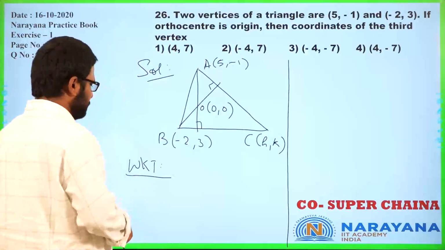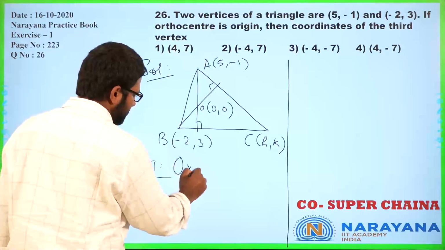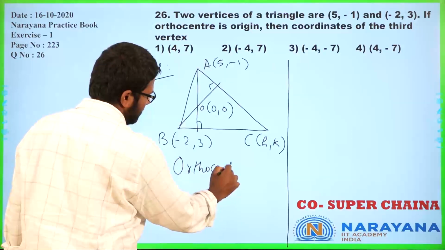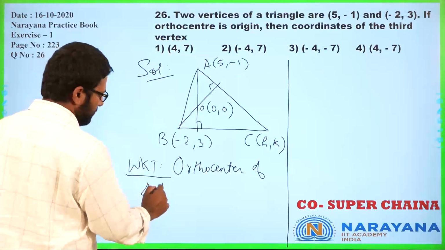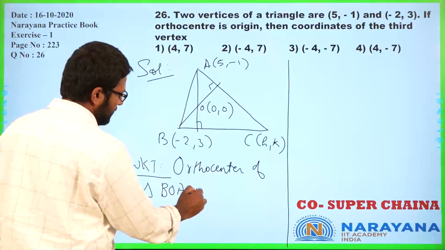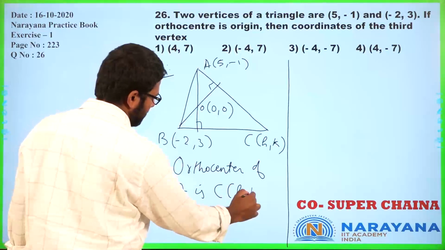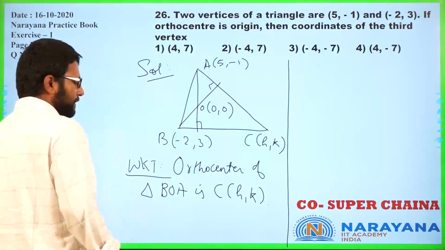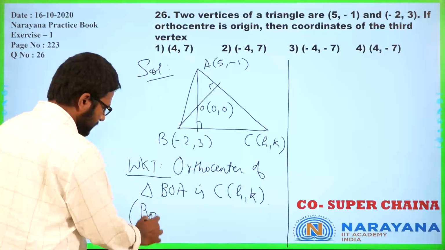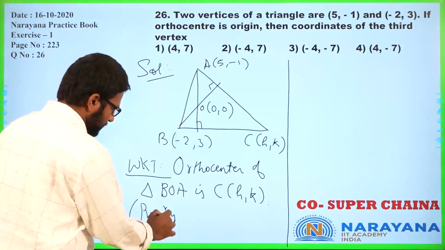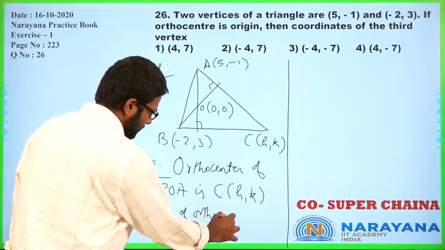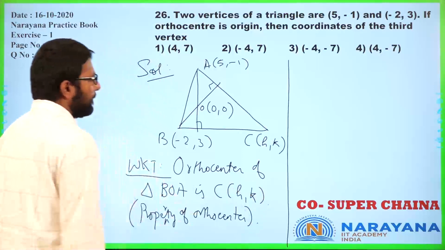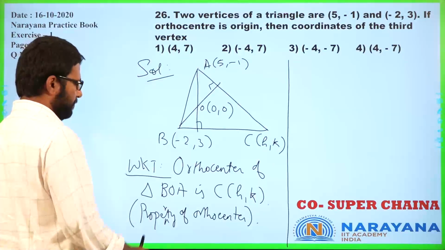Correct? So we know that the orthocenter of triangle BOA is C. This is a property of the orthocenter.